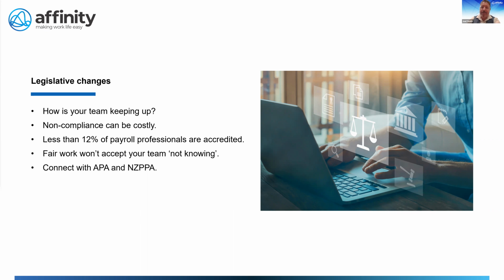Fair Work has taken the stance that simply not knowing isn't a valid excuse for being non-compliant. So it's vital that your payroll people have the appropriate training and pathways to stay up to date with changes. Aligning themselves with organisations such as the Australian Payroll Association and the New Zealand Payroll Practitioners Association is a really good place to start.